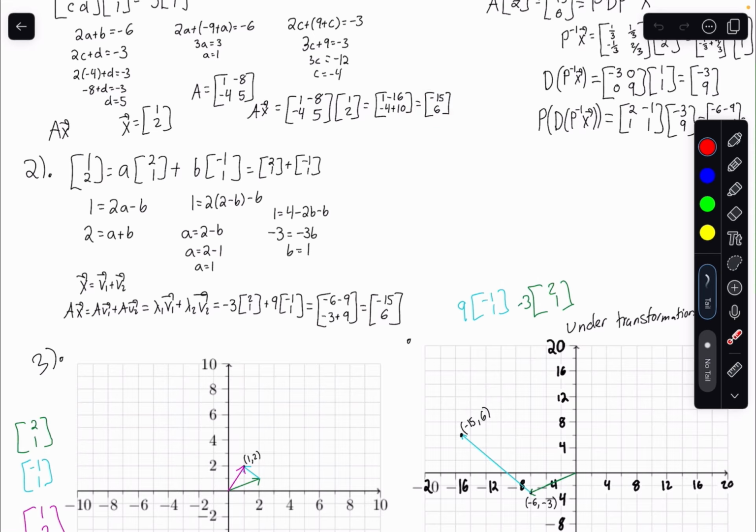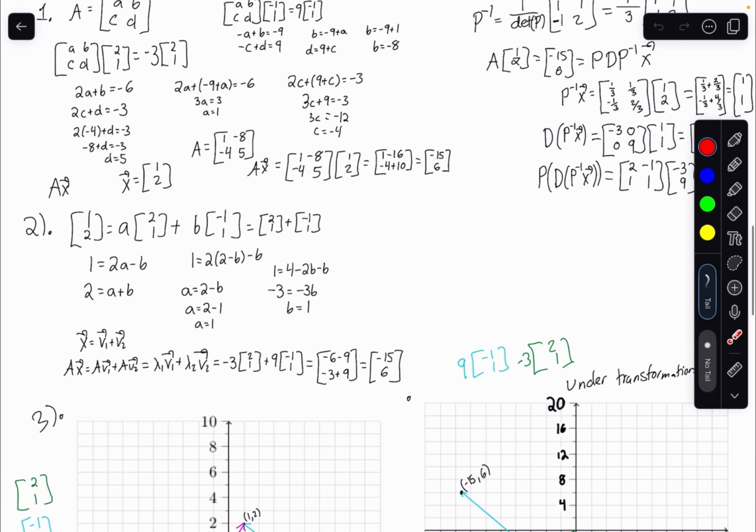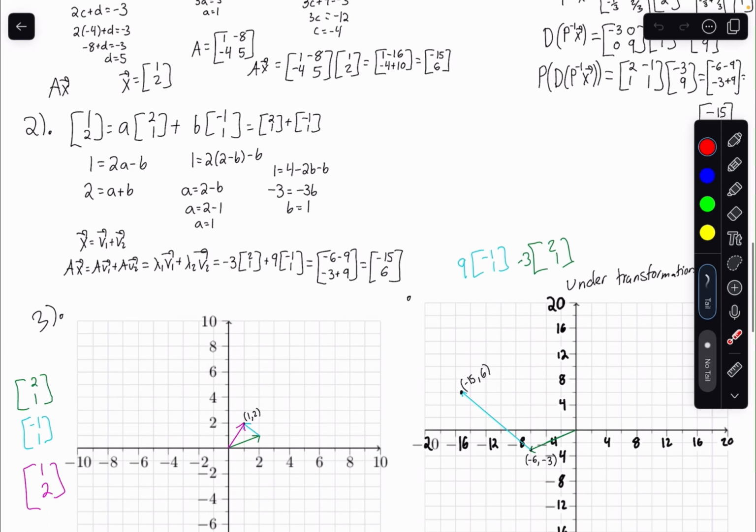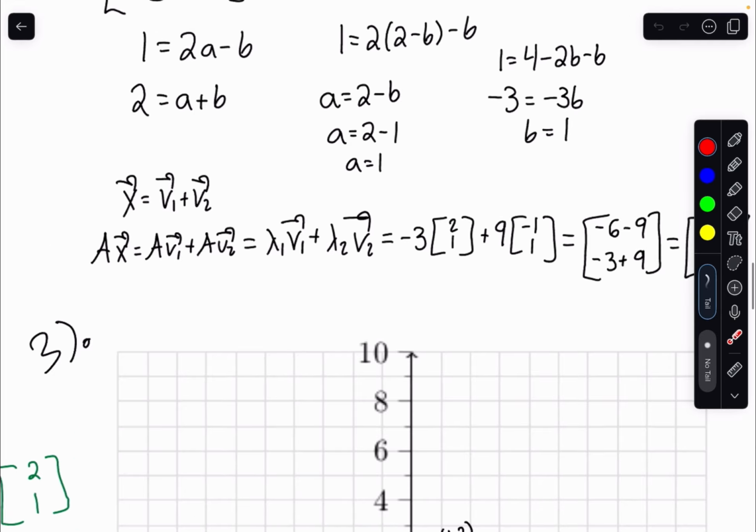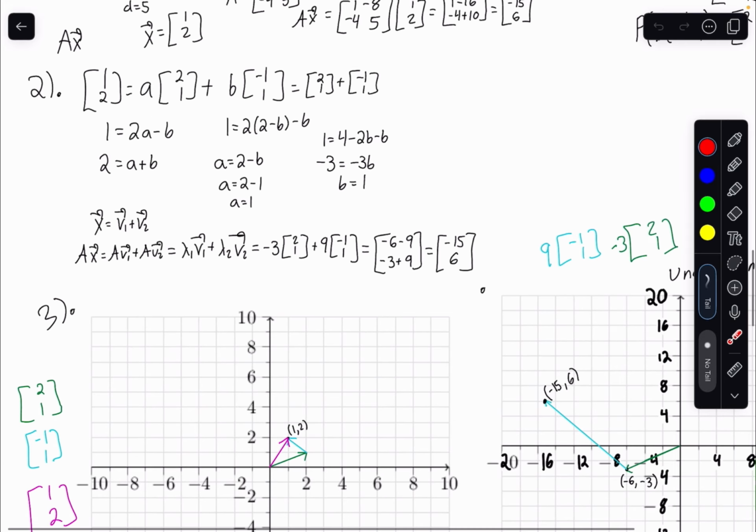And then for part 2 of the question, we were supposed to rewrite this vector in terms of the eigenvectors. So I took that one plus that one, and then I solved for A and B. A is 1, B is 1, and then that checks out. Then over here I wrote fancier notation, but this new vector is equal to 1 v1 eigenvector plus 1 v2 eigenvector.